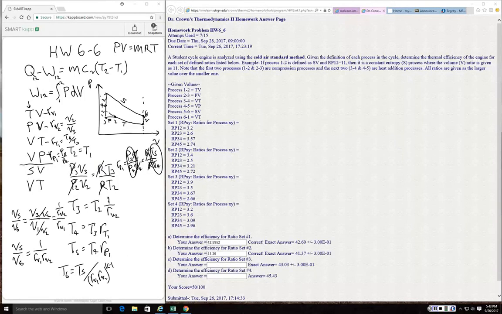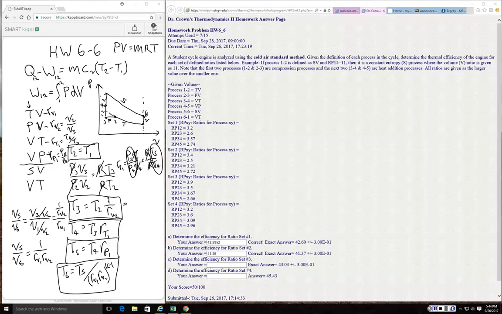The first one's kind of hiding here, T2, then T3, T4, T5, and T6. And I could write them all as functions of T1 if I replace T2 with T1.